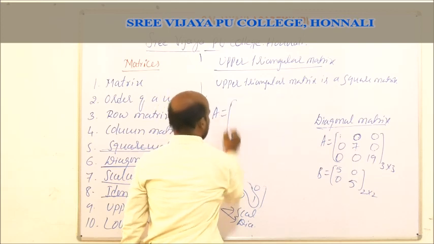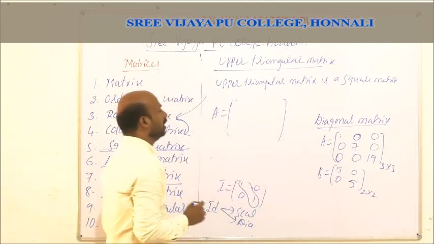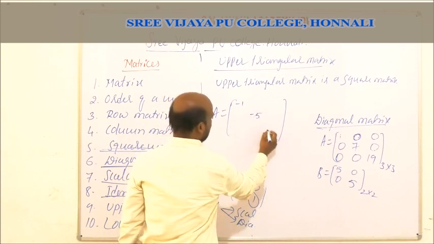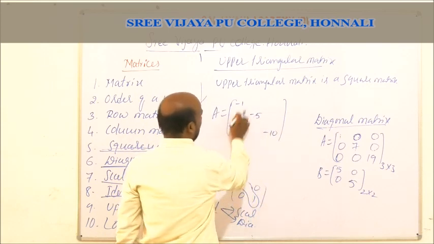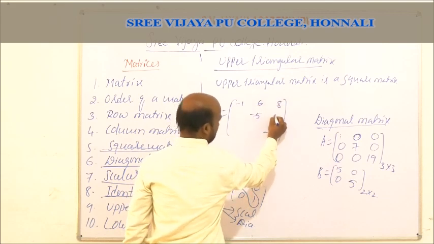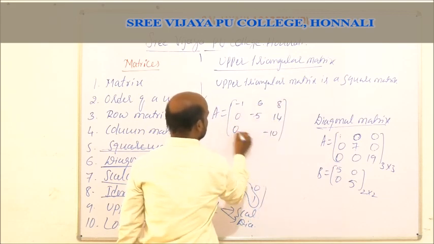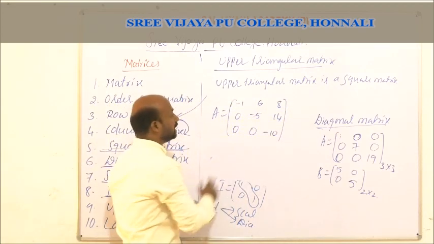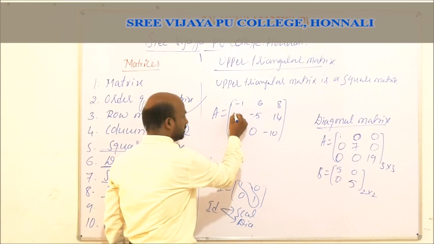So matrix A is equal to: elements below the principal diagonal elements must be zeros, with rows -1, 6, 8, then -5, 14, and -10. Upper triangular matrix, this is 6, 8 and this is 14, 0, 0, 0. Upper triangular matrix means elements below the principal diagonal elements are zeros.